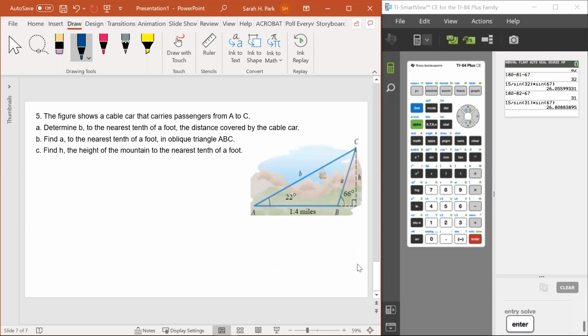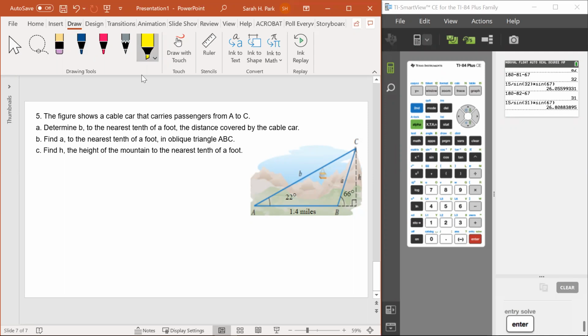Here we have a cable car that carries a passenger from point A to C. We need to determine B to the nearest tenth of a foot, and then also find A, which is this length right here, and then also find the height of the mountain to the nearest tenth of a foot.